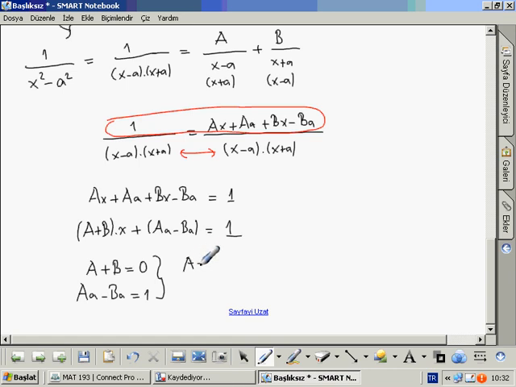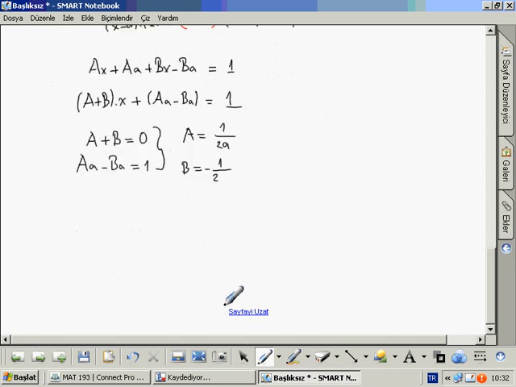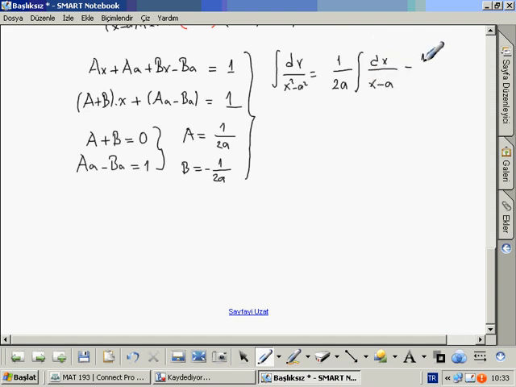So A equals 1 over 2a, B equals minus 1 over 2a, and our integral dx over x squared minus a squared equals 1 over 2a integral dx over x minus a, and minus 1 over 2a integral dx over x plus a.